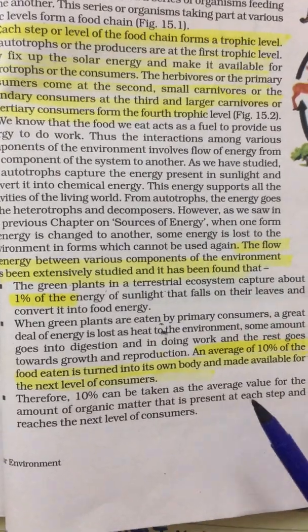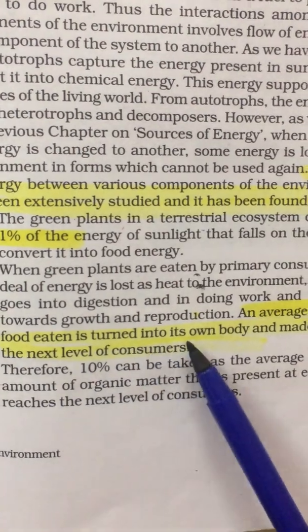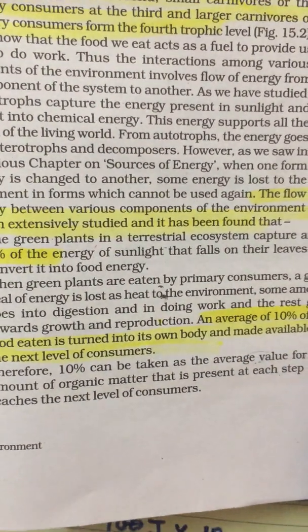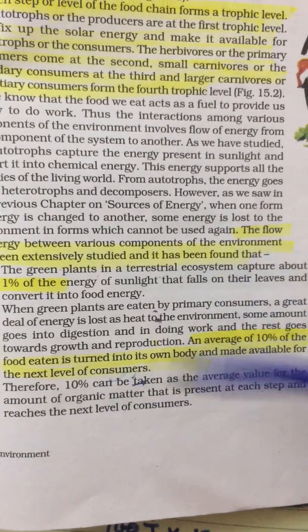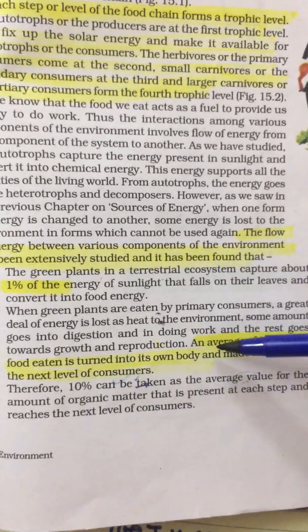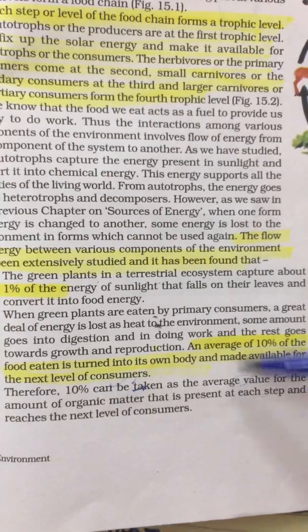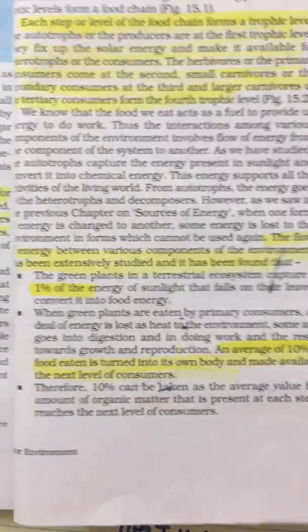Next, an average of 10% of the food eaten is turned into the organism's own body and made available for the next level of consumers. Of that, only 10% goes to the next trophic level. Clear?